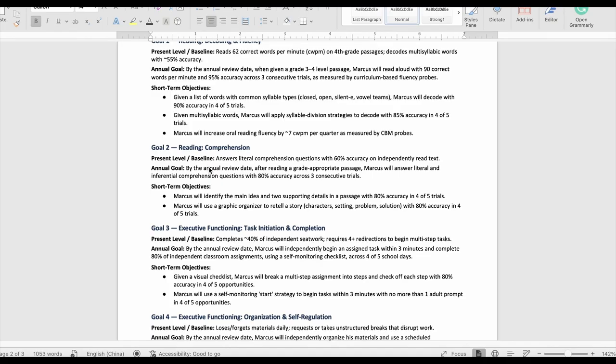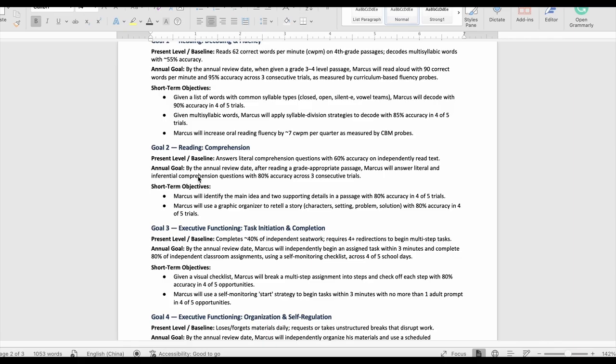So that means that I can probably work at some grade level reading comprehension, even though he can't read it. So that is something I'm going to work on probably with a classroom teacher by giving Marcus some graphic organizers or different scaffolds so that he's able to kind of pay attention in class and still work on grade level text with comprehension, even though he can't read it independently yet.